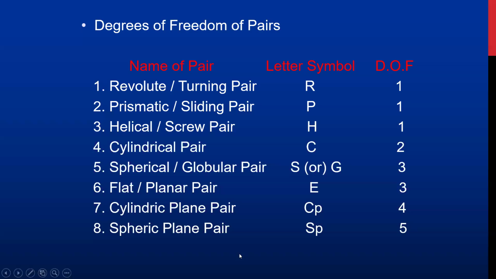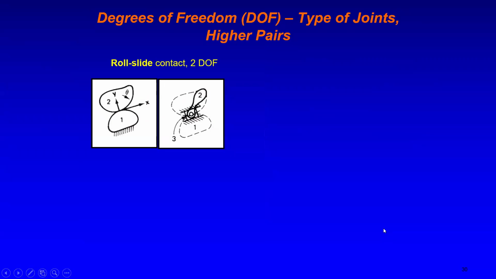All right. So these summarize what we've been seeing in the table: the pair with its letter or symbol and the degrees of freedom. Now look at the degrees of freedom for higher pairs. Remember, we are looking at the point of contact.